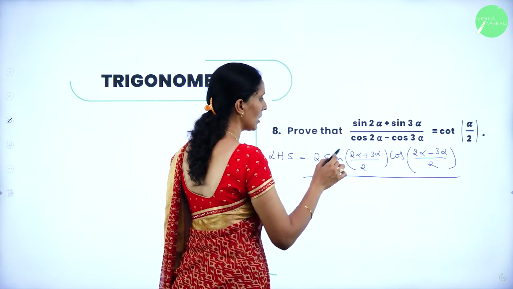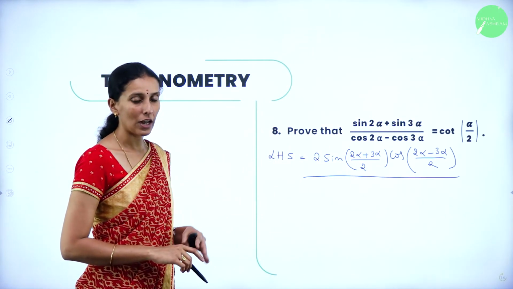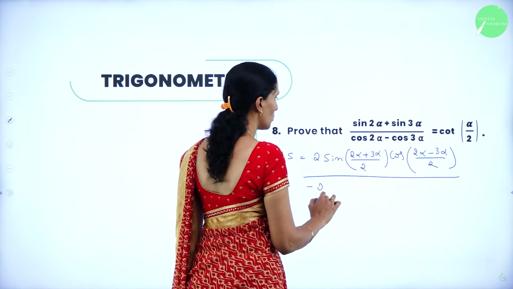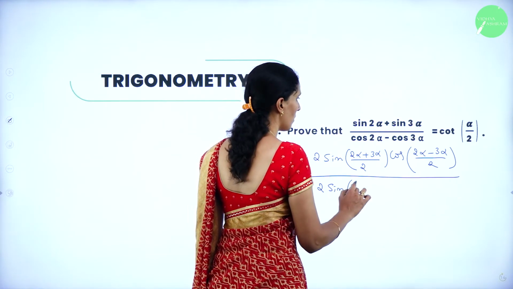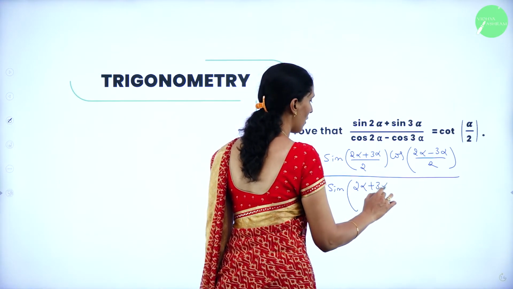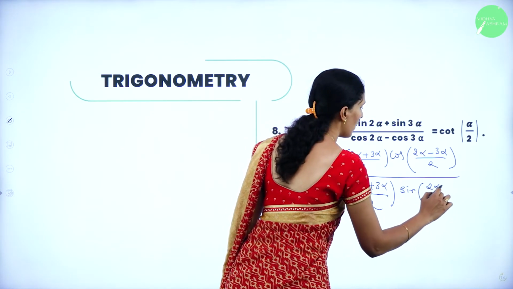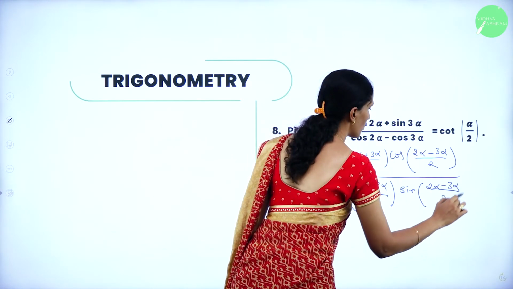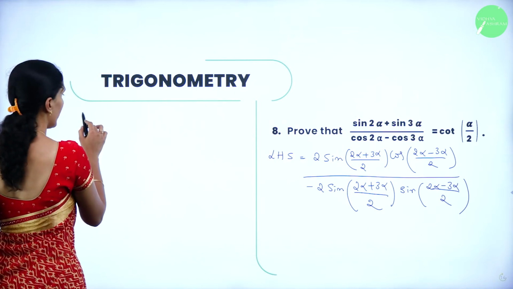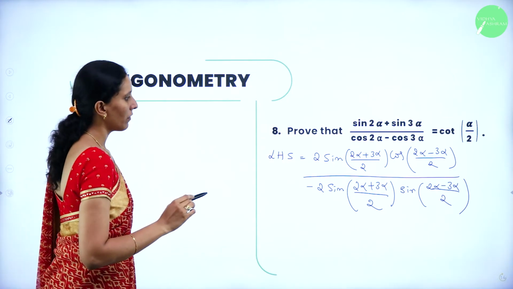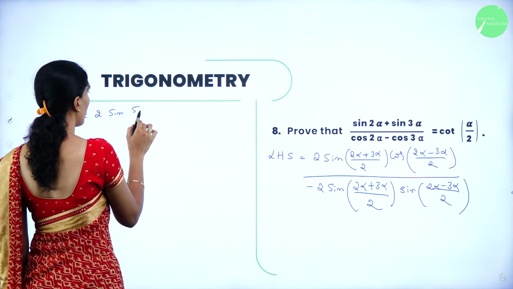Whole divided by, here cos 2 alpha minus cos 3 alpha, that is cos C minus cos D, can be written as minus 2 sin of 2 alpha plus 3 alpha by 2 sin of 2 alpha minus 3 alpha divided by 2. Now here it is equal to 2 sin, so 3 alpha plus 2 alpha is 5 alpha by 2.